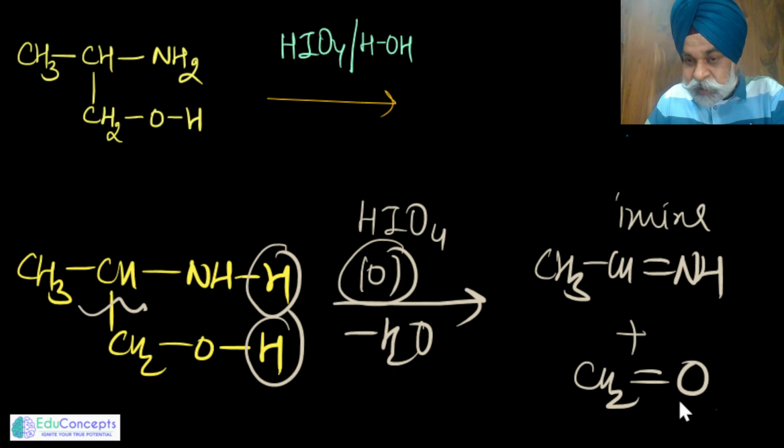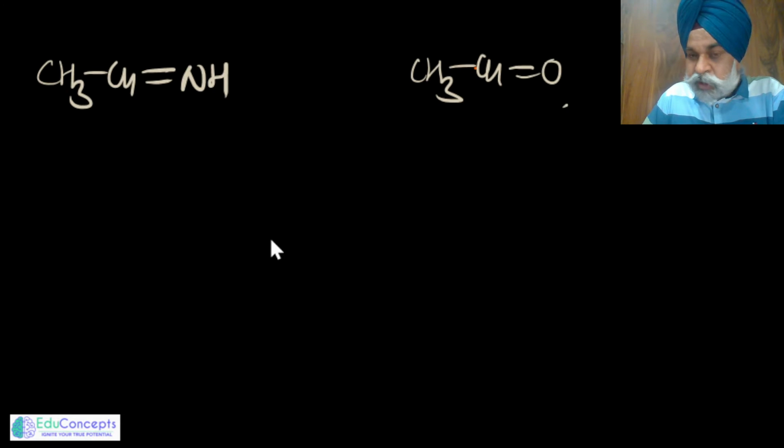Now make it a point, this reaction would not stop here. This imine always has the property that if you hydrolyze it in acidic medium, it will change into a ketone or aldehyde. What I'm trying to say here is that this NH again would have the same sort of isoelectronic species.